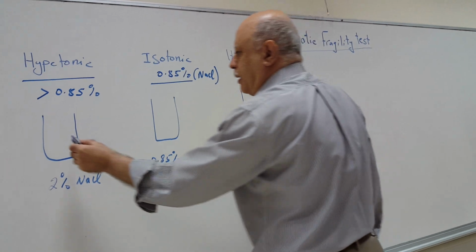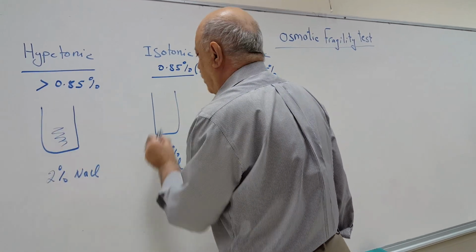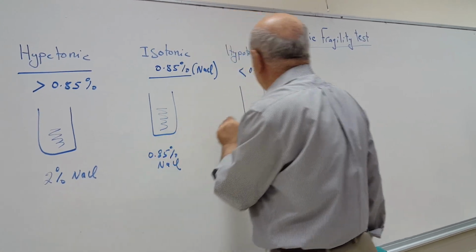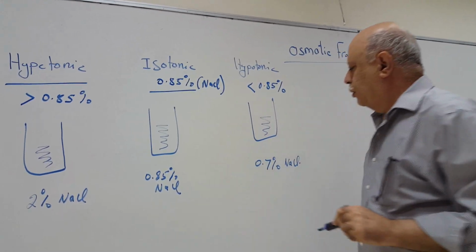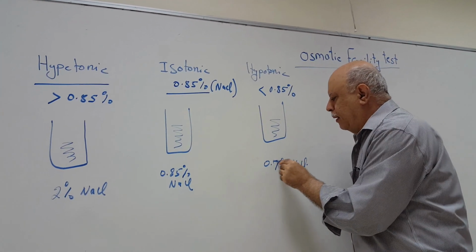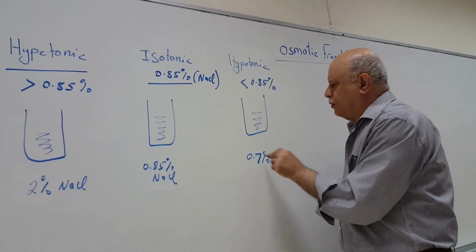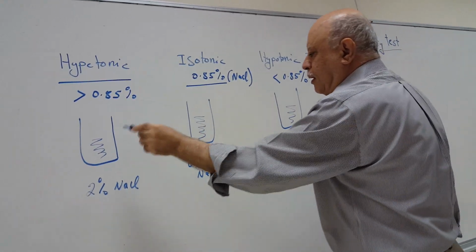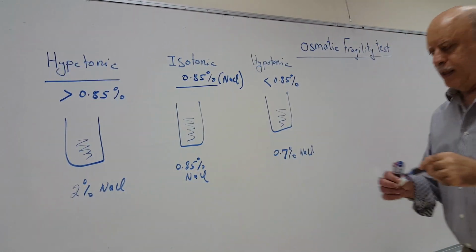But this solution is called hypertonic, isotonic, and hypotonic. Hypotonic because the concentration of sodium chloride in this solution is less than 0.85%.